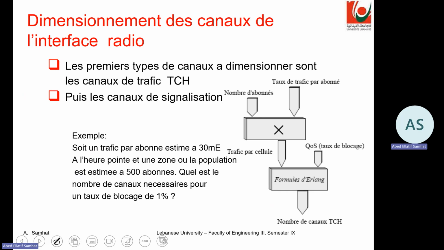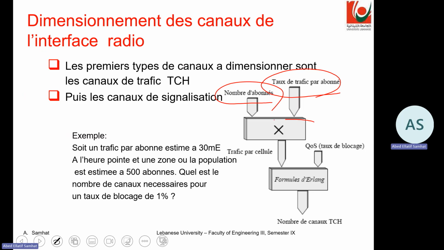So how to do the dimensioning of the channels at the radio interface? This is a simple example. I know that you already did some dimensioning in telephony using the Erlang formula. So it's similar to the Erlang formula. The idea here is to take the traffic per subscriber and the number of subscribers that should be supported in the area.